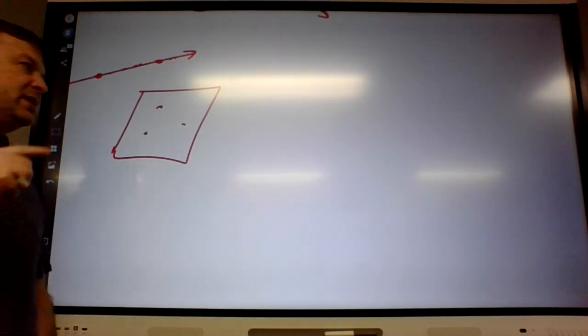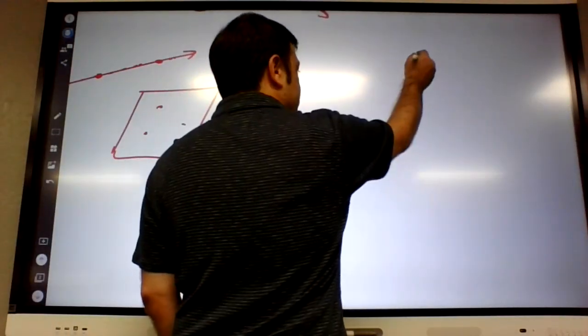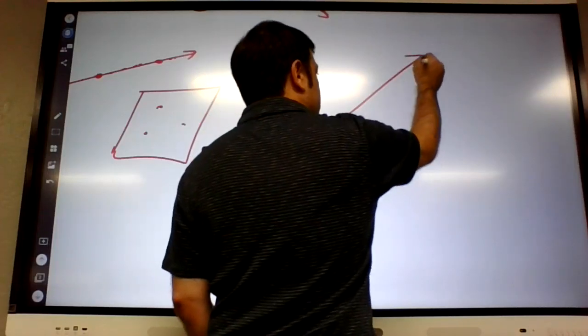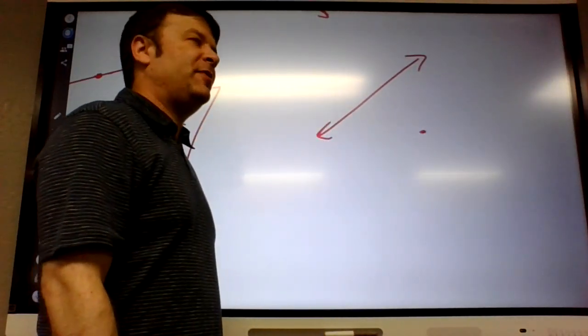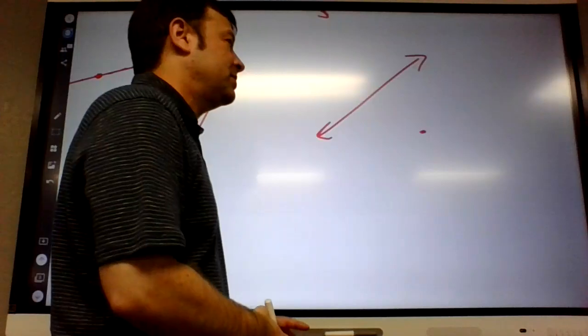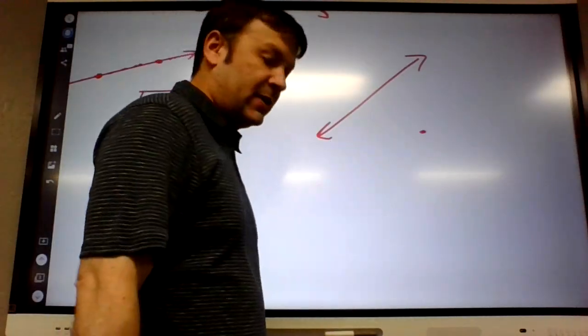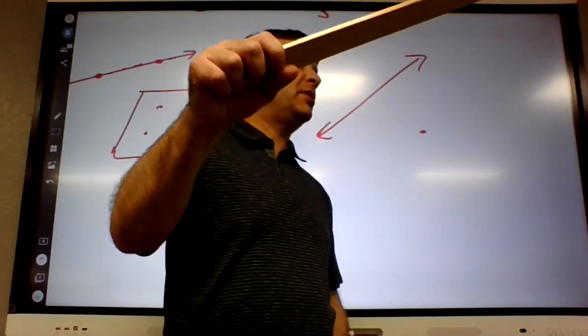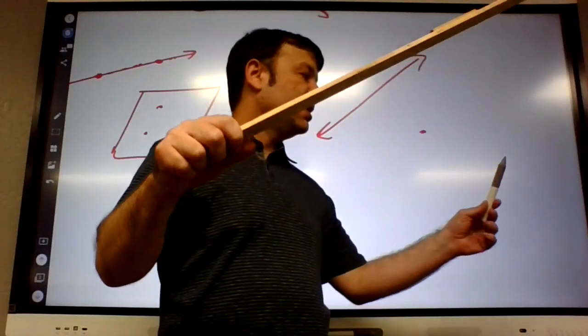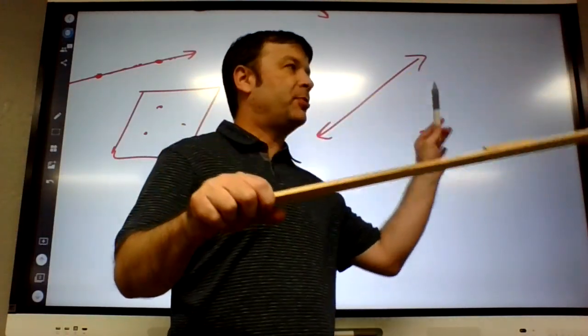So let's look at this first one. A line and a point not on that line are in exactly one plane. You might not know this off the top of your head. Maybe if you thought about it for a while, you could see it's true. Let's say this yardstick is our line, and the end of this marker is our point.